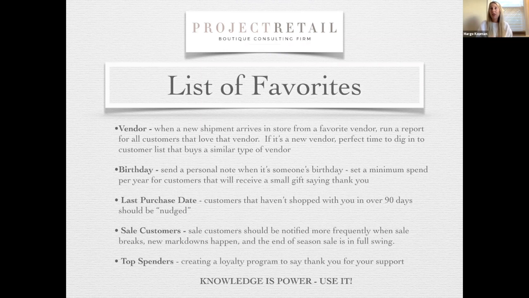Also pull a list of customers that might have bought from a vendor that is similar. Make the list bigger, right? Conversion rates, trying to get anywhere between 5 and 20% on the personal phone calls and the personal emails. The 20% is very ambitious. But as you develop the process and really coach your team, you can get there.